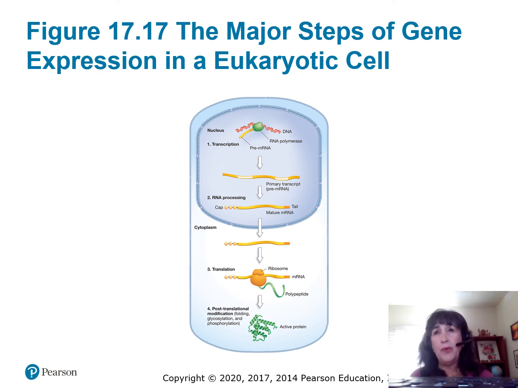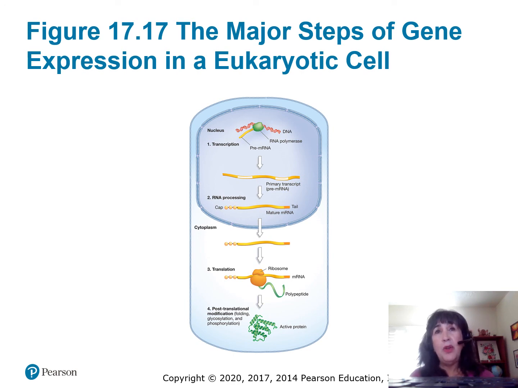This is a wonderful figure showing all of the steps of transcription and translation in a eukaryotic cell. And how do I know that it's a eukaryotic cell? Because I see a nuclear membrane. And I also see mature messenger RNA, which you would only find in eukaryotic cells.